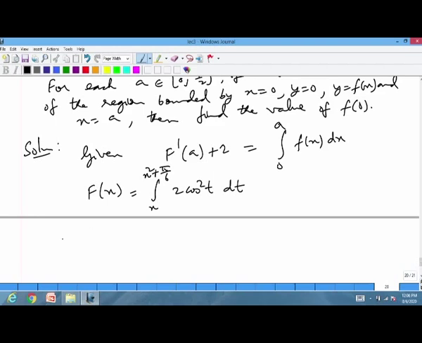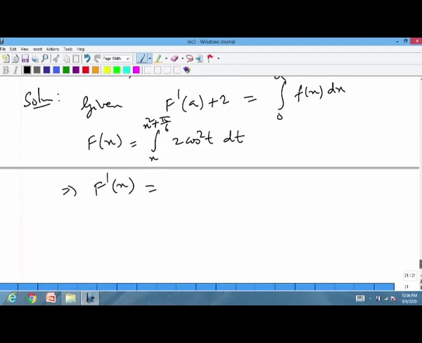So, this implies f prime x, we know that to find the derivative of this integral with limits as functions of x, this will be given by 2 times cos square of the upper limit, x square plus pi by 6, times the derivative of x square plus pi by 6, which is 2 x, minus 2 times cos square of the lower limit x, times the derivative of the lower limit, which is 1.